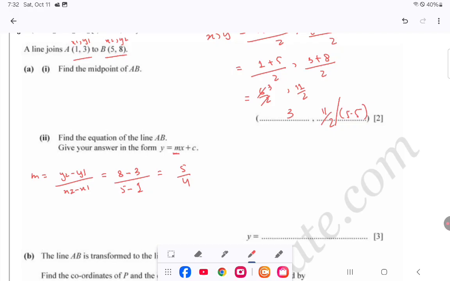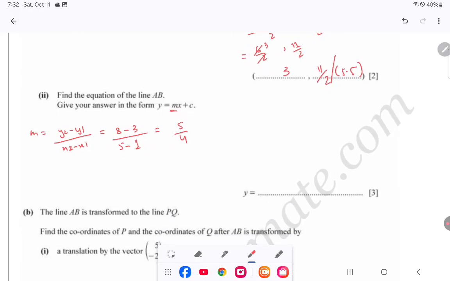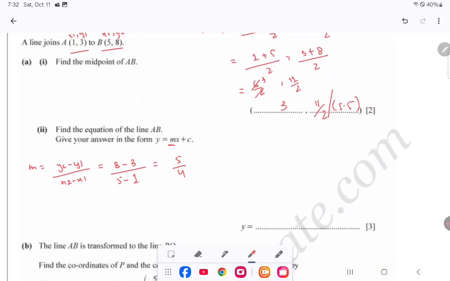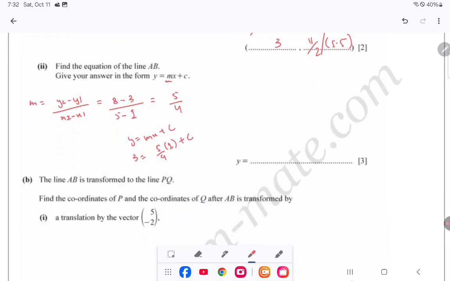Now for the c, put any point. I am taking (1, 3) here. y equals mx plus c. y is 3, m is 5 over 4, x is 1, plus c, and subtract 5 over 4 from both sides. 3 minus 5 over 4 is equal to c.